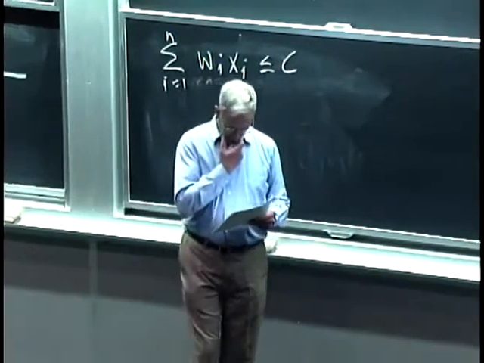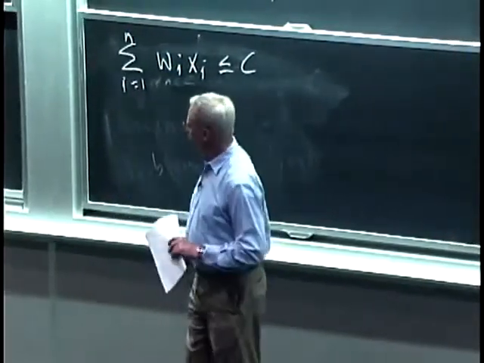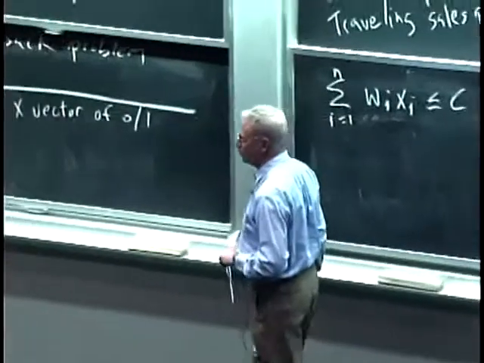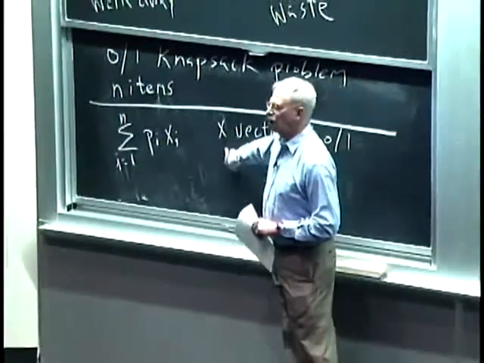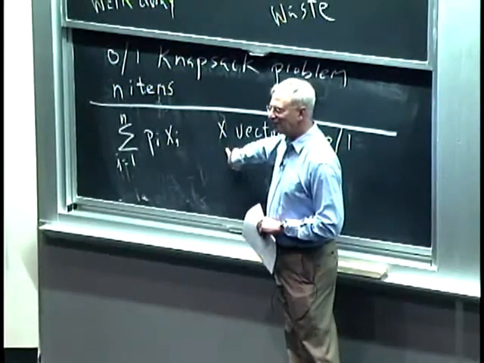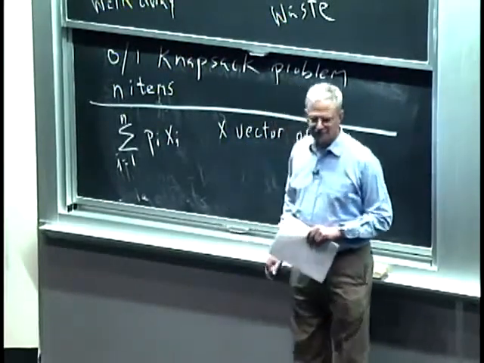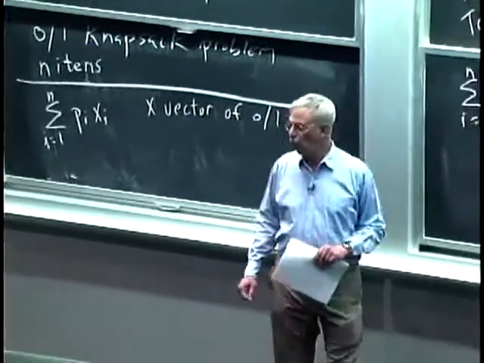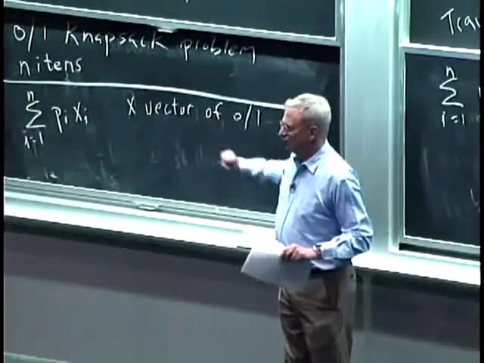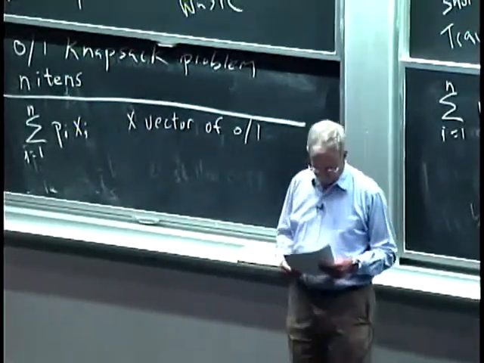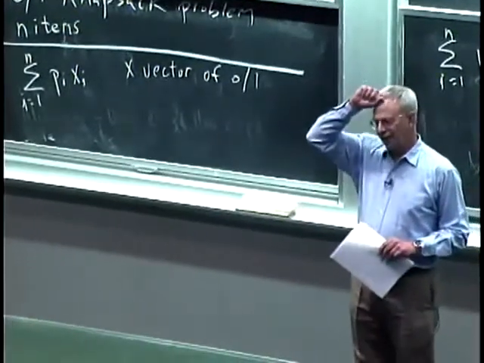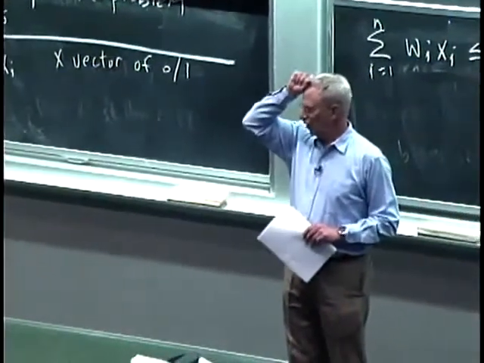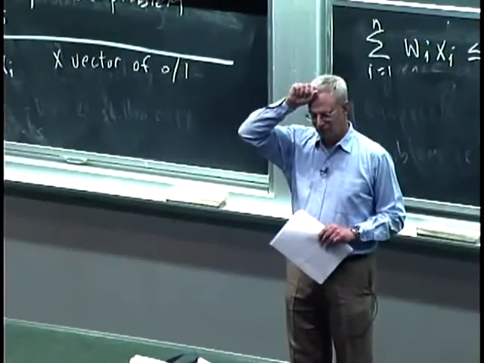Great. All right. So as the thief had thought, we can clearly solve this problem by generating all possible values of x and seeing which one solves this problem. But now the thief started scratching his head and said, well, how many possible values of x are there?